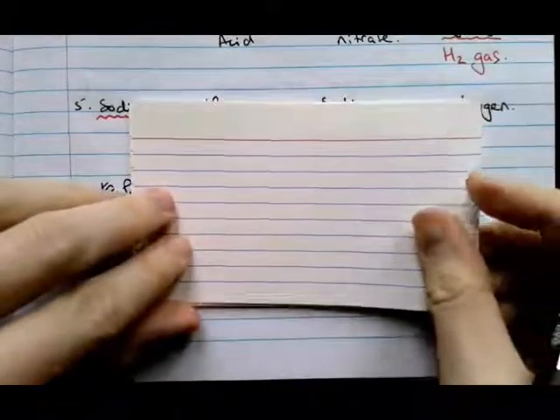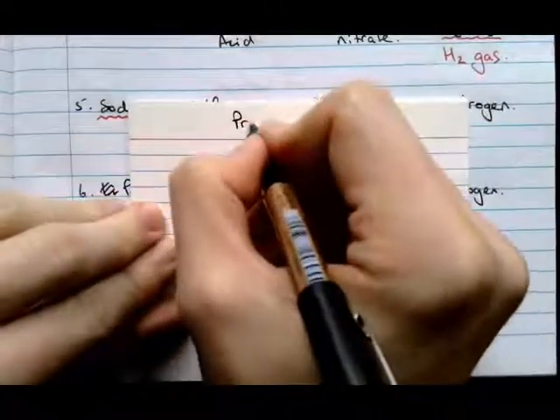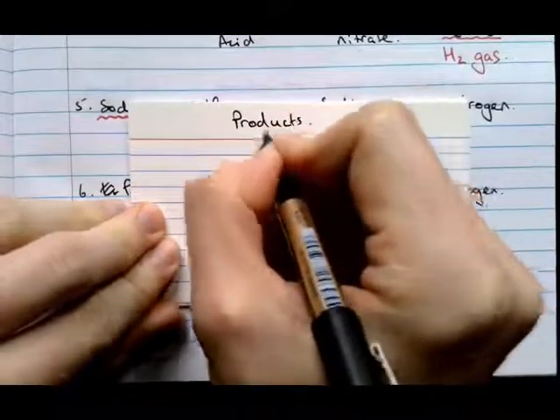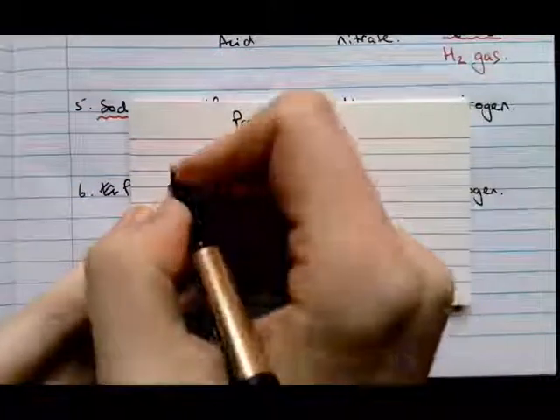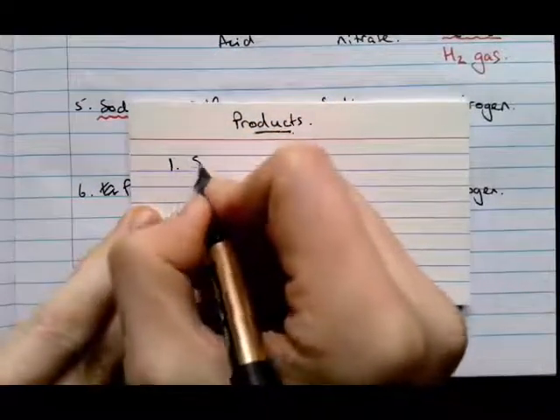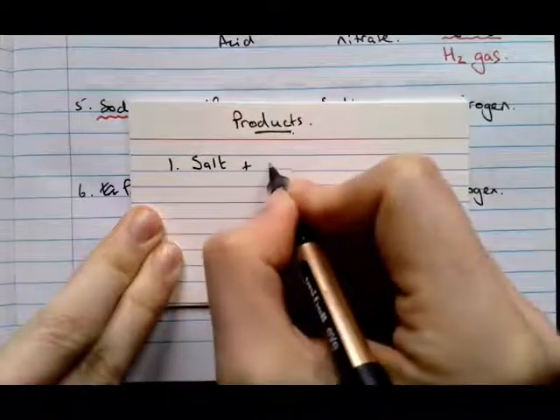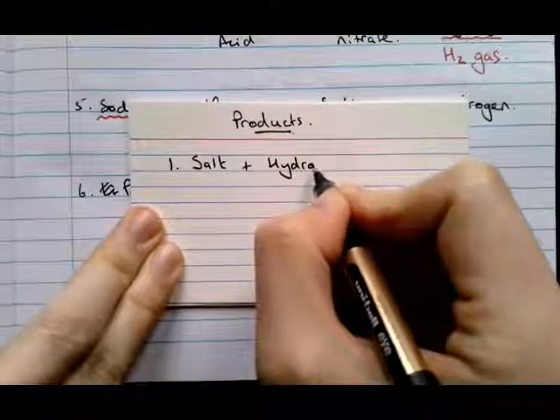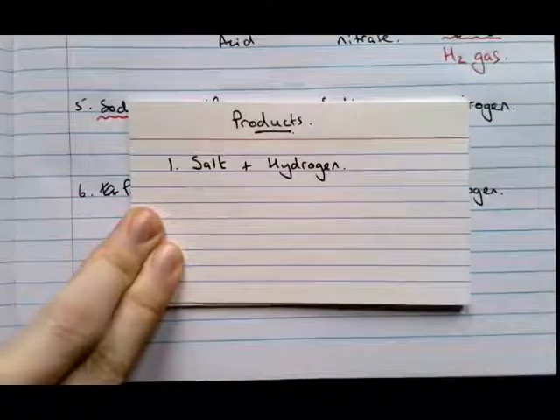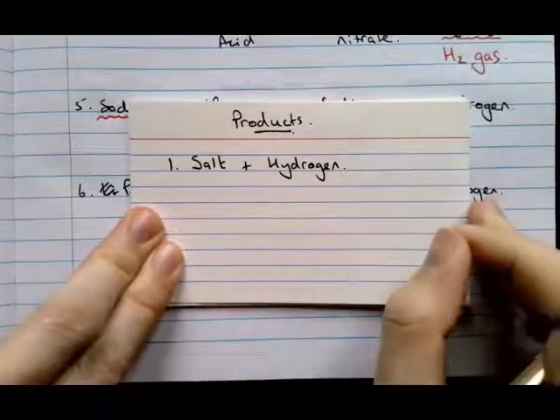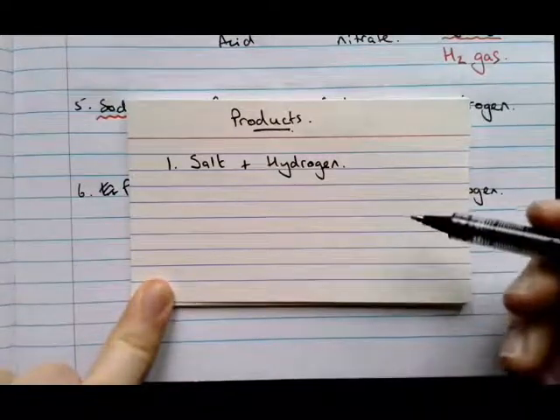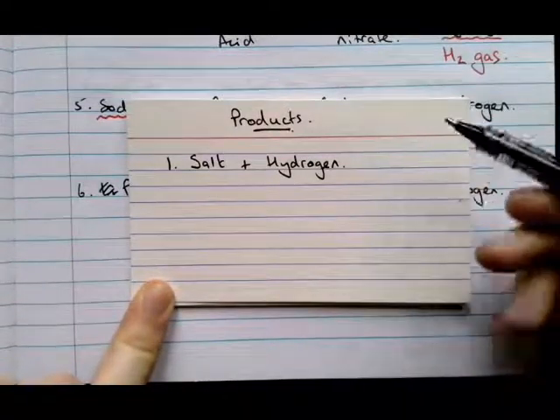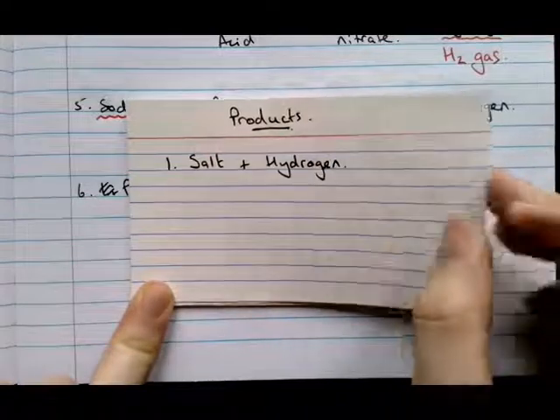The products are over here: metal plus acid give us a salt plus hydrogen. I'm going to add some more reactions onto this later. But it's important that you make a flashcard because there are quite a few reactions. I think we're going to do 4 in total. And it can get a bit confusing which one's which. So if you have the flashcard, you can keep testing yourself so you can remember which one's which.